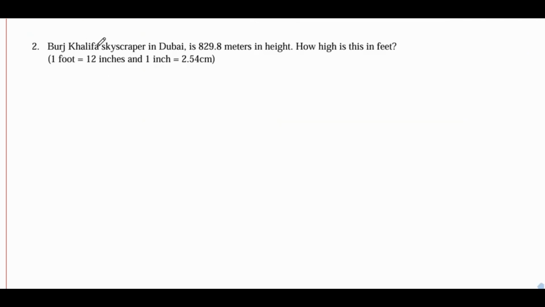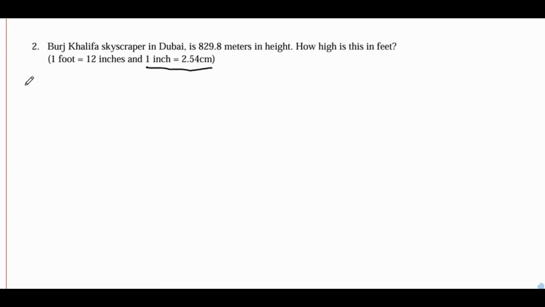Example 2, Burj Khalifa skyscraper in Dubai is 829.8 meters in height. How high is this in feet? Now 1 foot is equivalent to 12 inches. And previously we found that 1 inch is 2.54 centimeters.